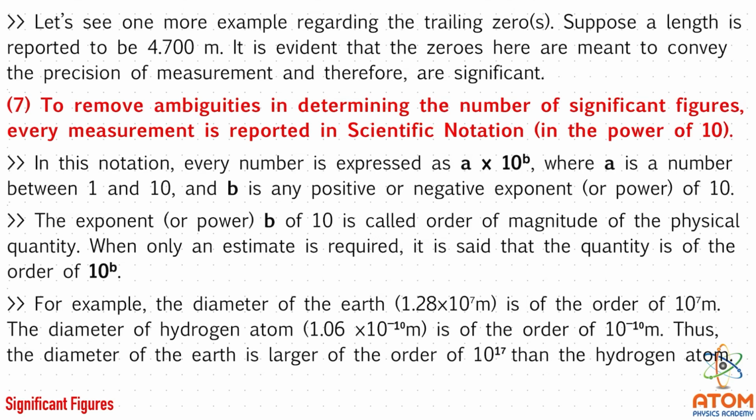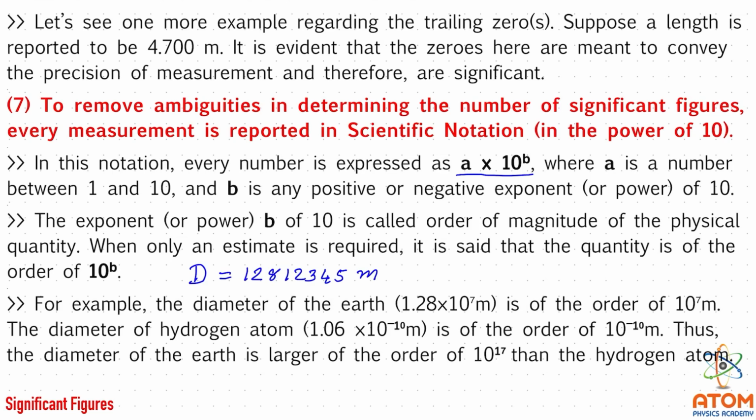Suppose the diameter of earth is measured exactly as 128.1234.5 meter. I am just assuming this value. Suppose it is measured in this form. Now, as per the rule of scientific notation, it should be written in the form of a into 10 raised to b, where a should be less than 10.